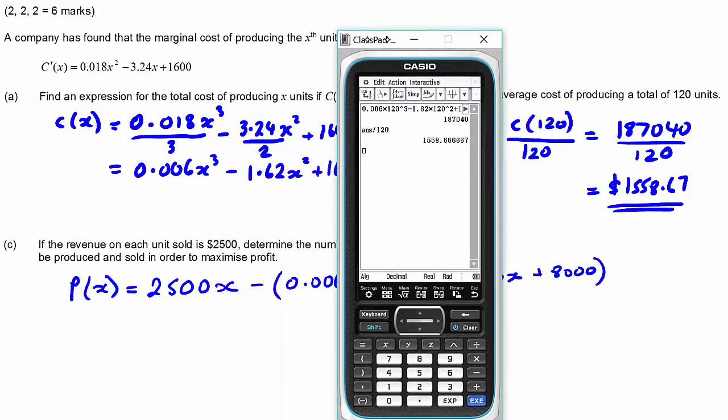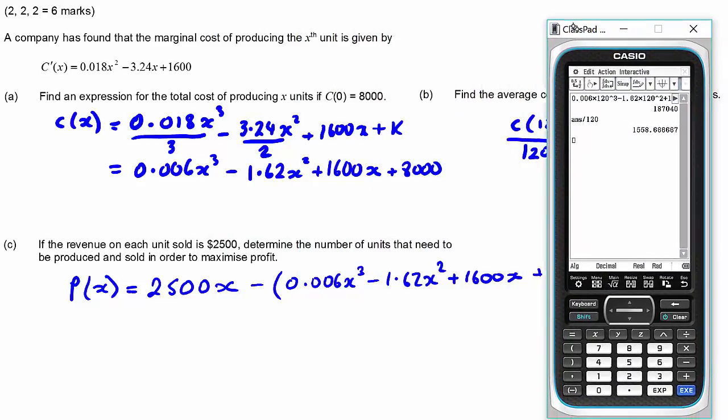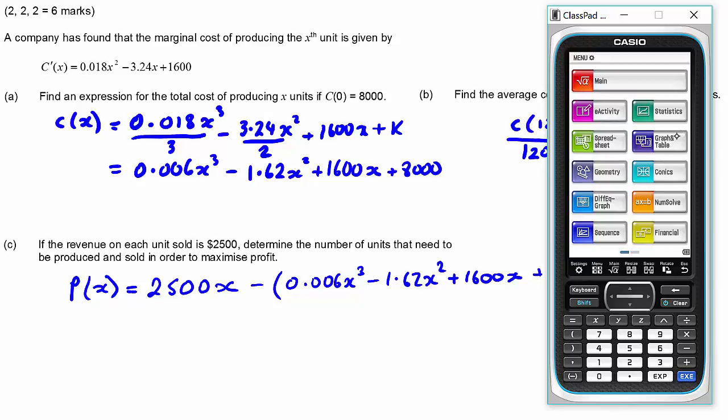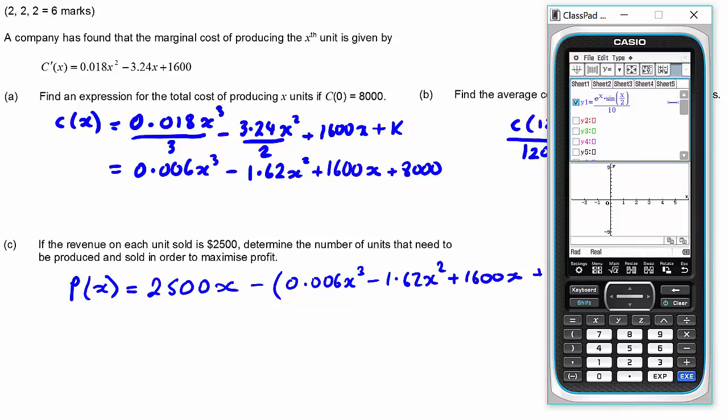Since we have our CAS available to us, why don't we just type this in and graph it? So let's go for the graph and table, and let's clear anything we have there.